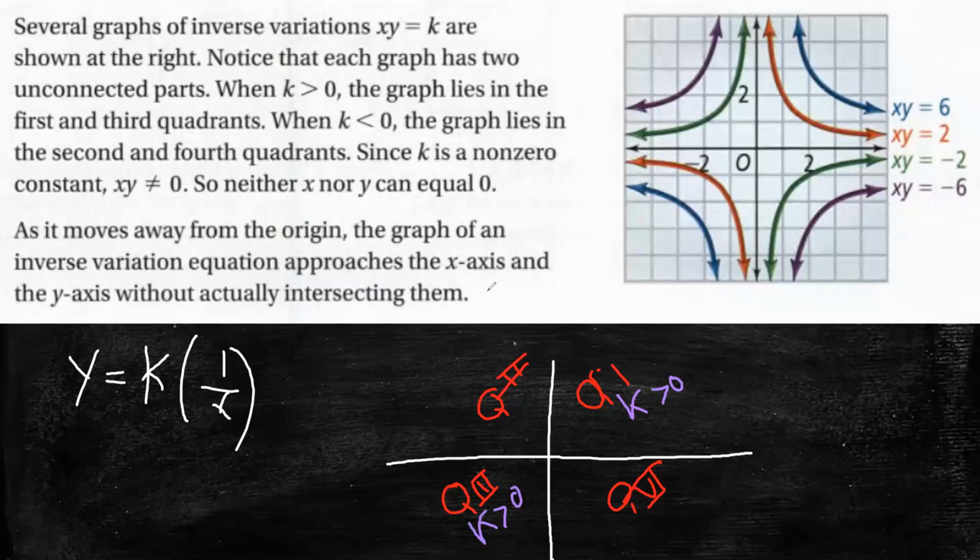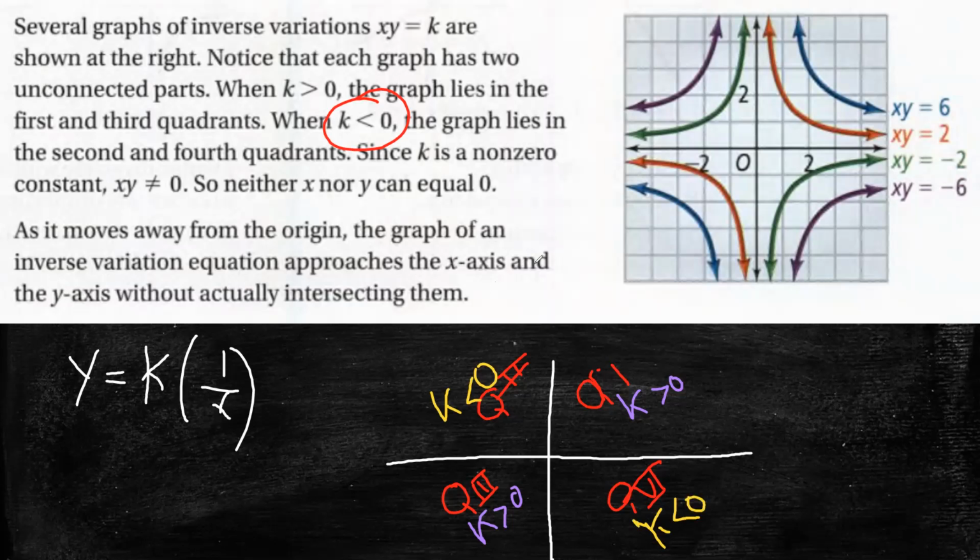So it will be here and here, in 1 and 3. And if k is less than 0, the graph will be in quadrant 2 and in quadrant 4.